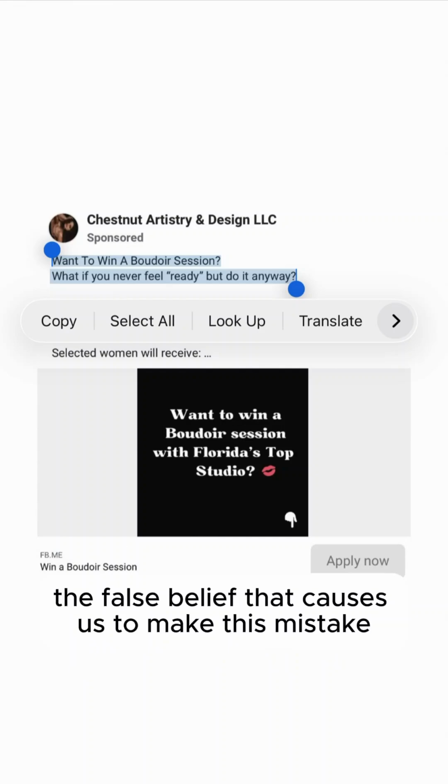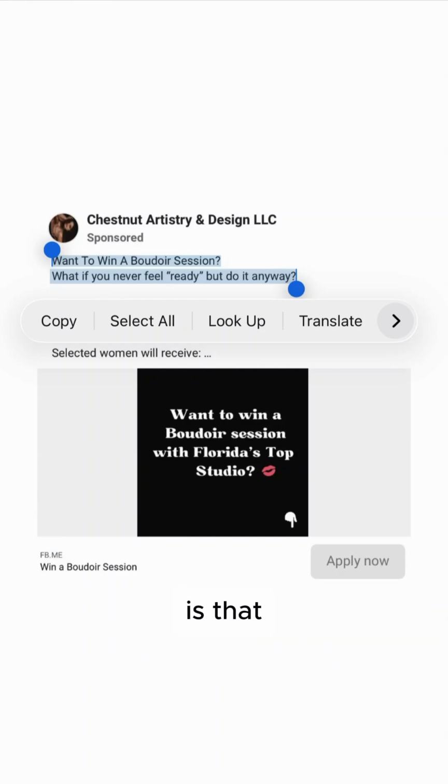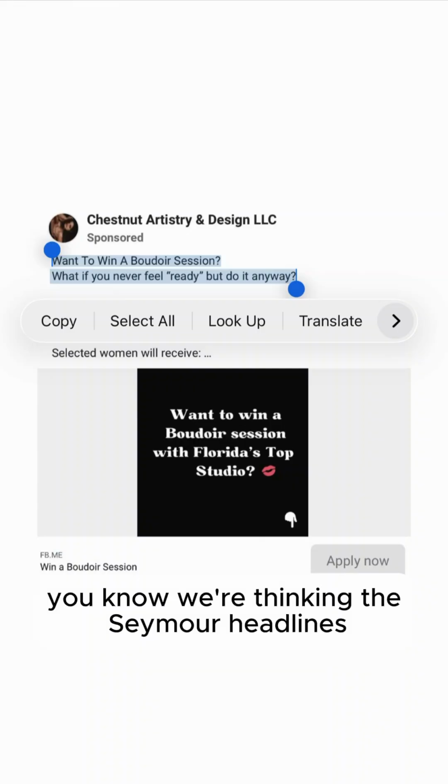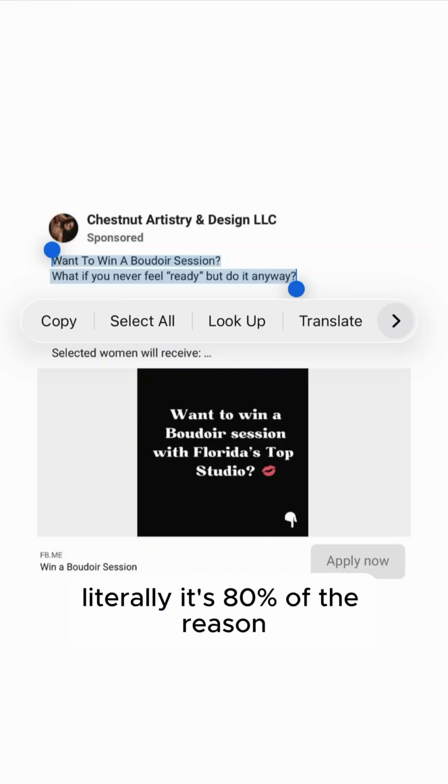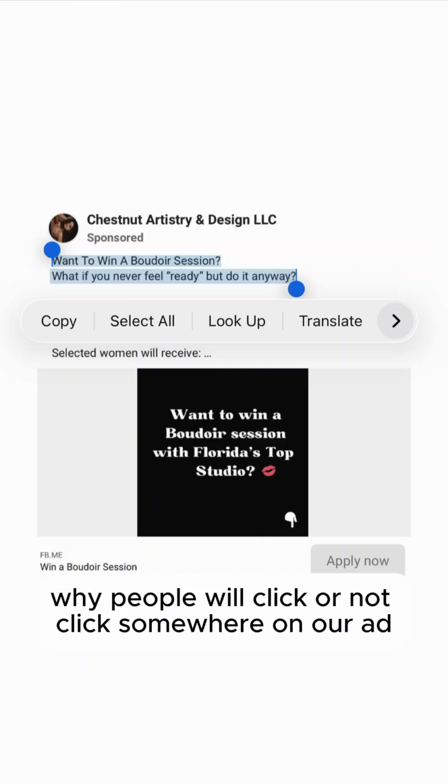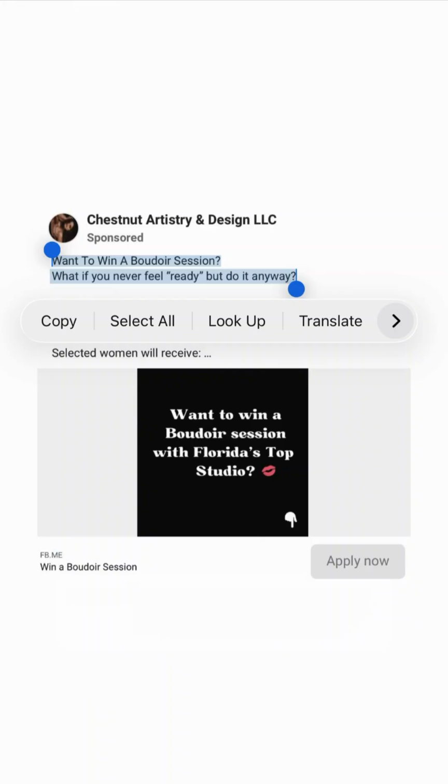The false belief that caused us to make this mistake is that we're thinking the See More headline is kind of willy-nilly, when in fact, literally it's 80% of the reason why people will click or not click somewhere on our ad. So this is actually the most important part.